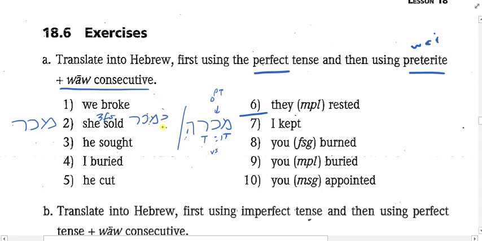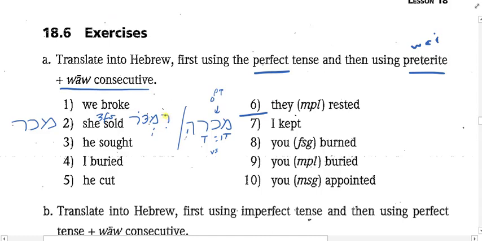The 3MS would be yimkor, okay? Yimkor. Because kaf is a begadkefat letter, there's going to be a dagesh lene in that kaf. Yimkor, okay? But I want to say she sold, so what do I have to switch out here? The yod has to become a what? Right, the yod has to become a tav.